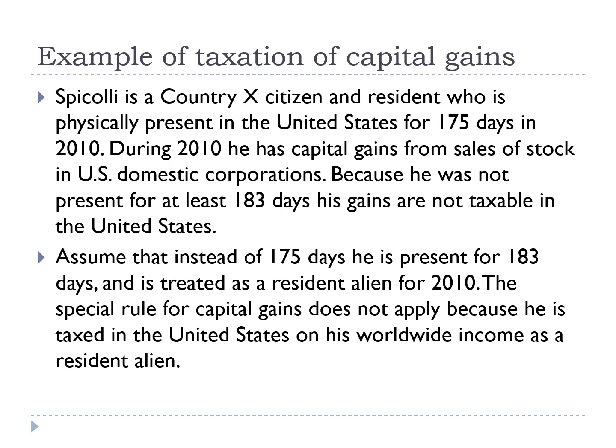Assume that instead of 175 days, he is present for 183 days and is treated as a resident alien for 2010. The special rule for capital gains does not apply because he is taxed in the United States on his worldwide income as a resident alien.